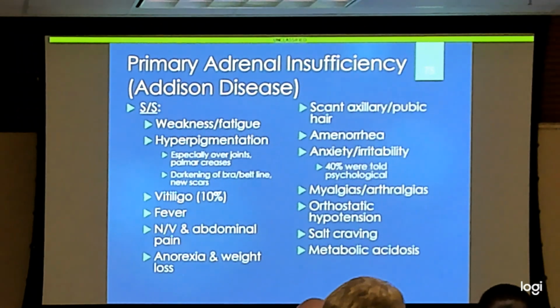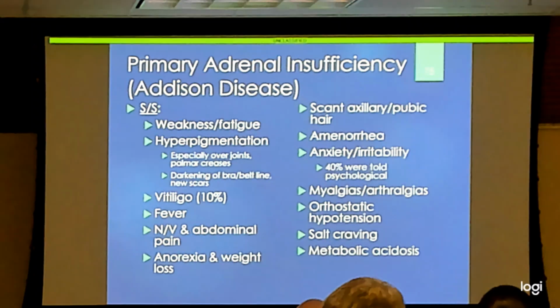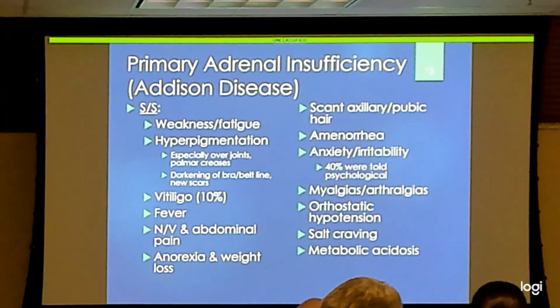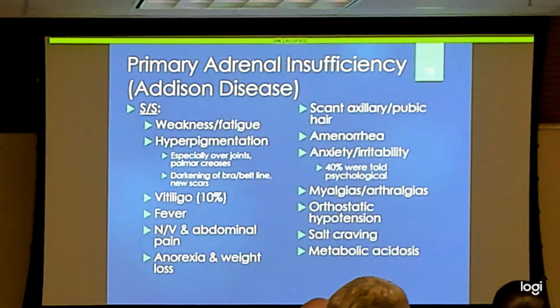So androgen, testosterone, estrogen, progesterone, all this stuff is getting decreased. So I'm losing my hair. And amenorrhea can also happen as well. They get amenorrheic. Anxiety and irritability, that's actually a stat out of Current. 40% were told it was psychological. Don't be that PA. Be better than that. Alright.